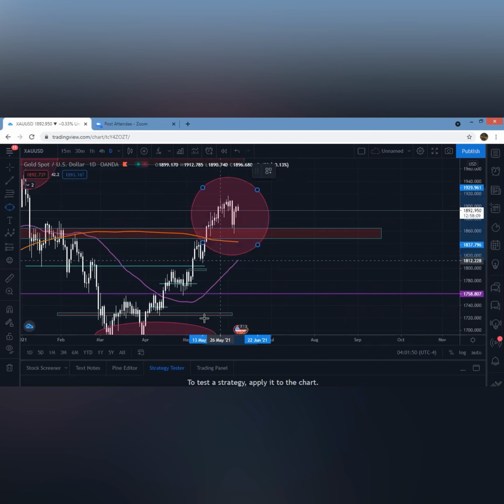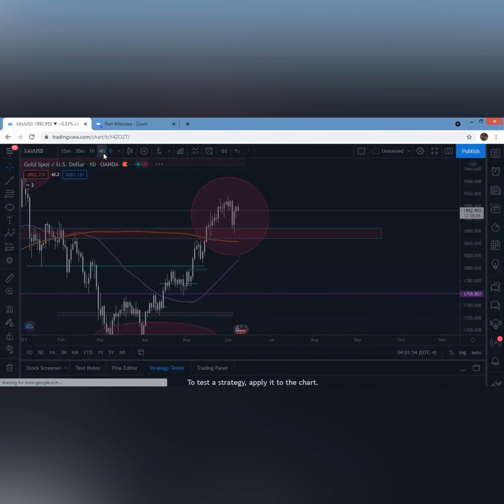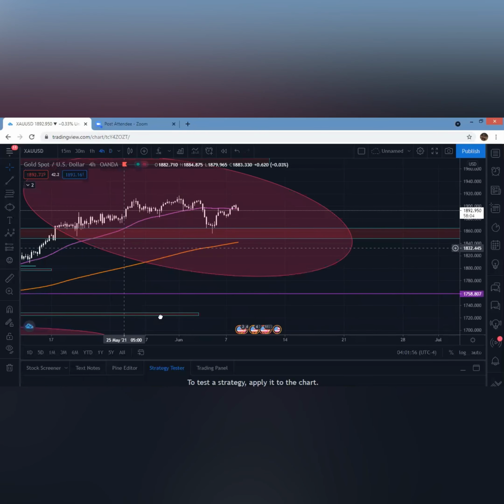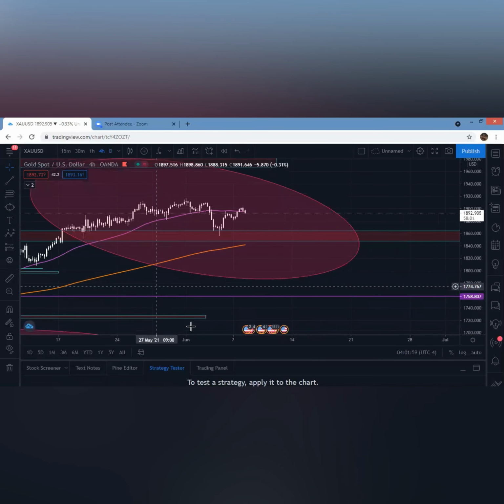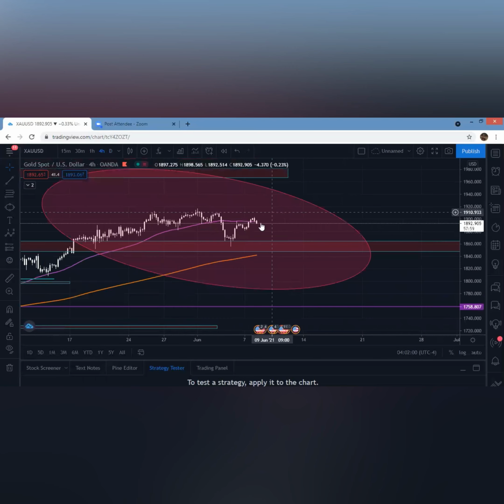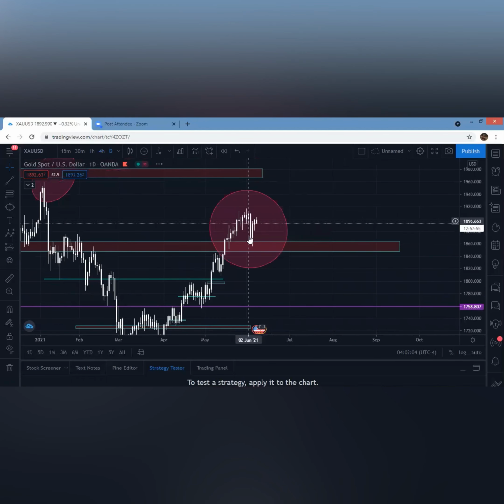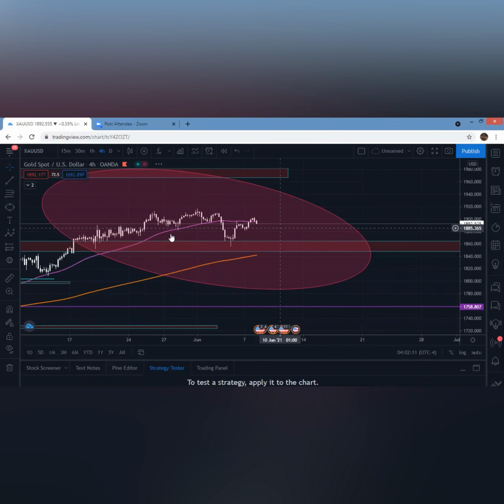Okay. So I'm going to zoom in to my 4-hour. And as you can see, we're getting a little bit closer. We can see a little bit closer of the market structure. See here on the daily, how it is structured here. But once we go down into our 4-hour chart, you can see the breakdown of that structure.